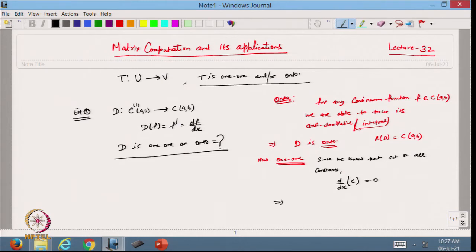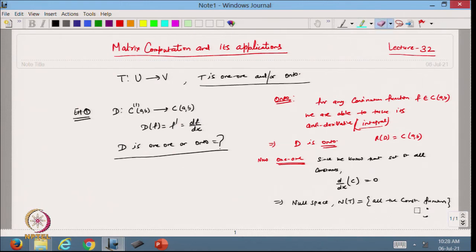So the null space N(T) will definitely contain all the constant functions, and some other functions that we do not know; it may happen that there are other vectors whose derivative is 0. But one thing is sure: all the constant functions have derivative equal to 0.